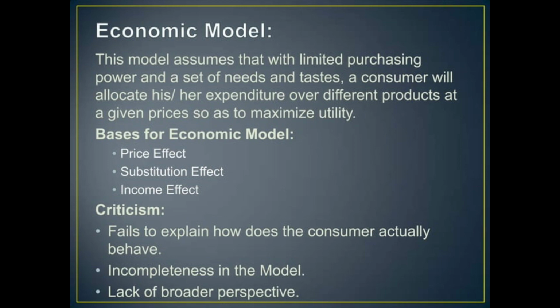The criticism is that it fails to explain how the consumer actually behaves, and there is incompleteness in the model and lack of broader perspective. So the economic model is purchasing power and a set of needs and tastes, and the consumer will allocate his or her expenditure over different products at given prices.